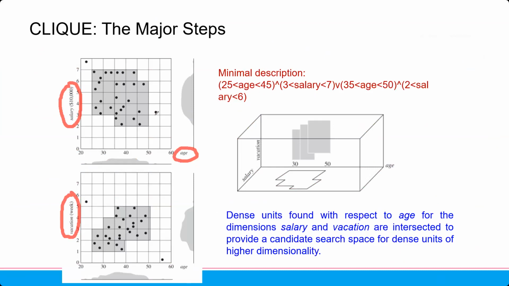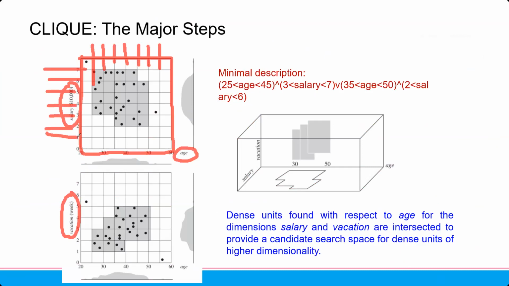In order to find the clusters, you can make this kind of grid, and then you can make partition 1, 2, 3, 4, 5, 6, 7 like this, and then you can make the partition 1, 2, 3, 4, 5, 6, 7.